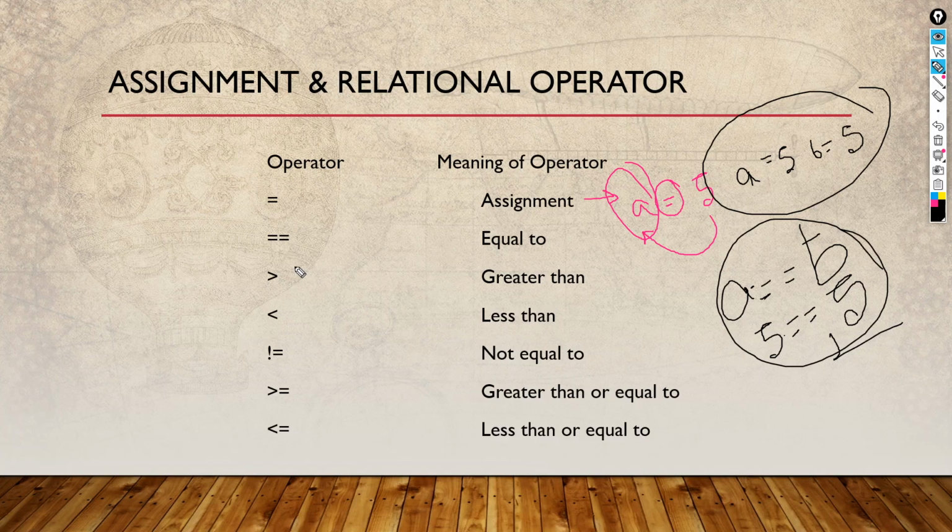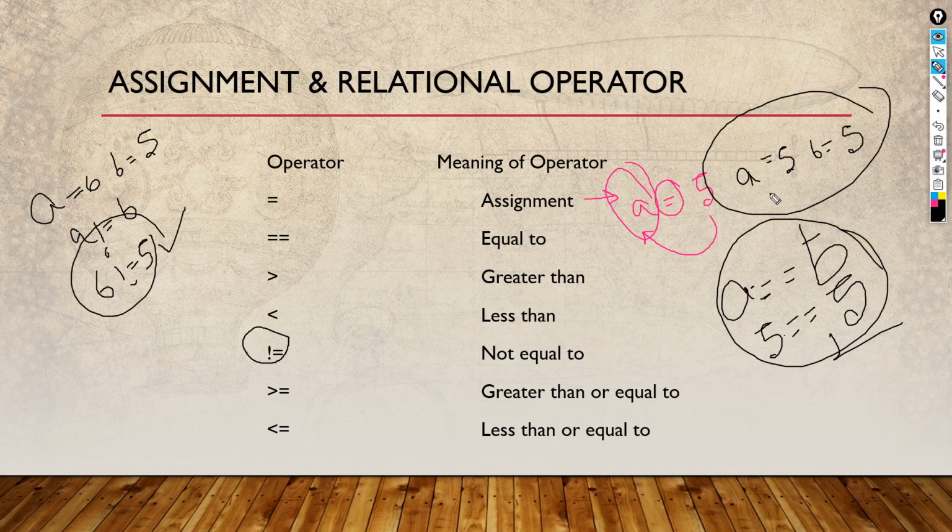Now we all know what greater than and less than are. Now what is not equal to? When we say a equals 6 and b equals 5, and we say a not equals b, now 6 is not equal to 5, this is right, so this will return true.